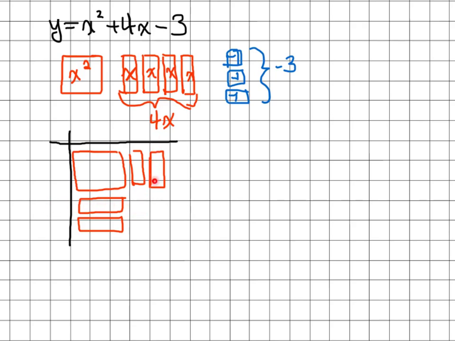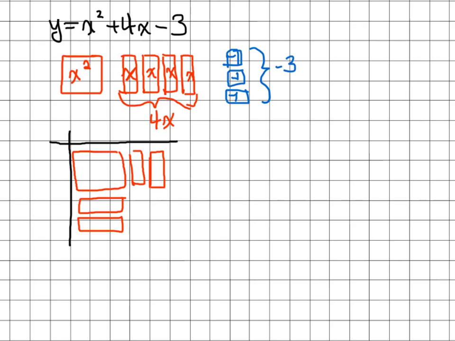This times this will give us what's in here, and this times this gives us here, and this times this gives us what's in here. But if I look at this logically, how many unit tiles, because that's what's going to end up in here, do we need to fill in this so we have a perfect square? Well, since these are all positives, we know we need to have 4 positive tiles.